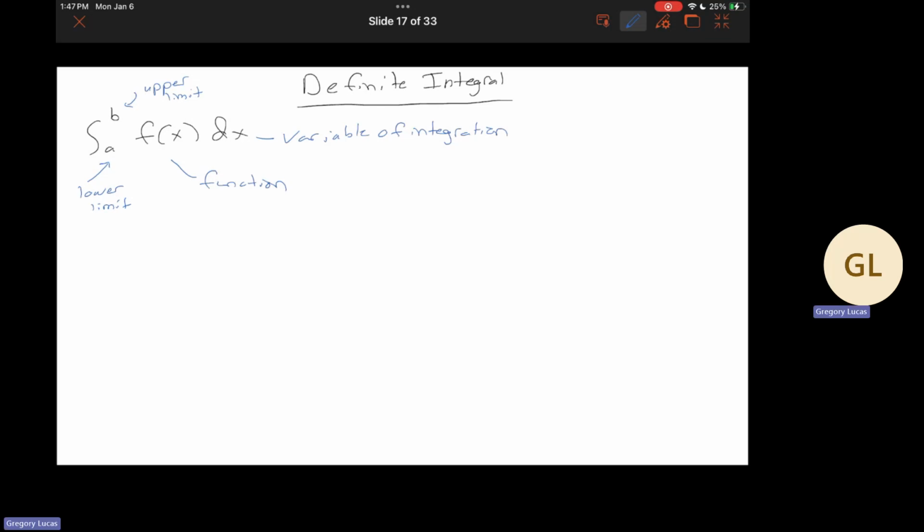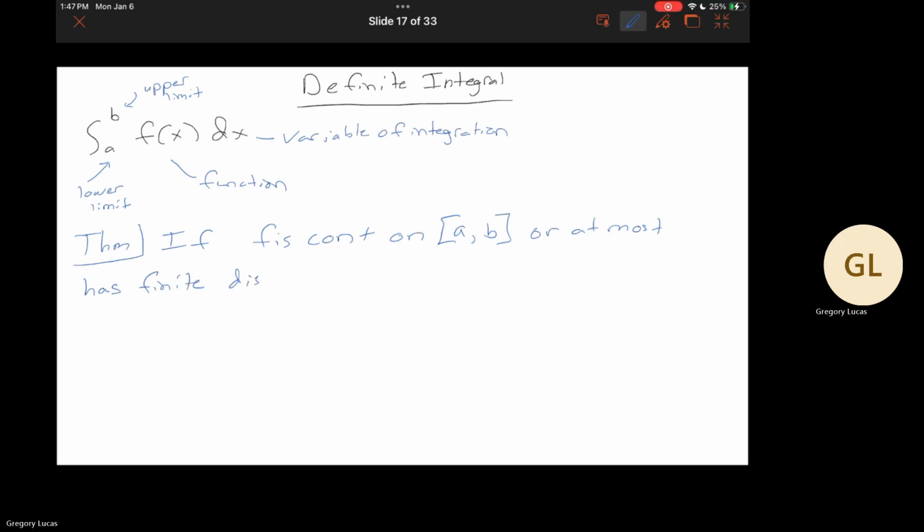So let's take a look at a theorem. If f is continuous on the closed interval [a, b], or at most has finite discontinuities, finite meaning I can count the number of discontinuities, then the integral from a to b of f of x dx exists, and we say f is integrable.